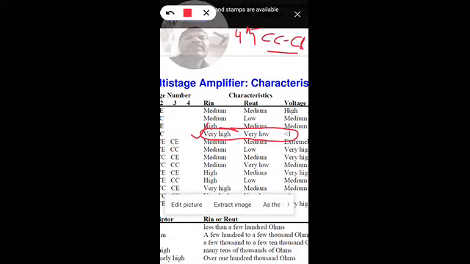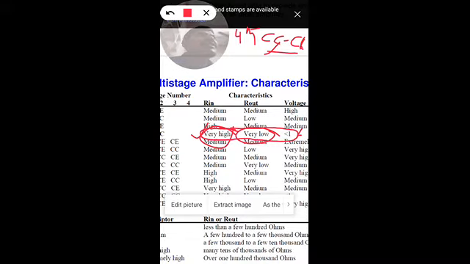We are going to get a very high input impedance with this type of multi-stage configuration, CC-CC, and the output impedance of the two stages is very low. Very low output impedance and very high input impedance are the properties of the CC-CC configuration, and the voltage gain is less than 1, because we don't have gain for common collector.